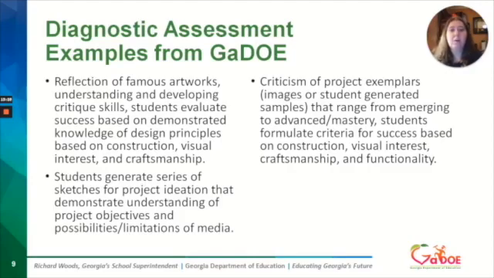I show them exemplars that range from emerging all the way to advanced, so that they can help formulate the criteria and see why that's there, see why they are being judged or graded on that particular criteria for success based on those different parts.